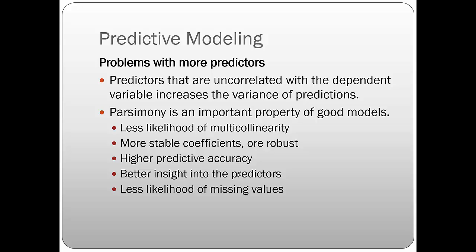Now, parsimony is an important property of good models, which means given same predictive ability, you want a model that is less complex, it has less number of variables, because if you have less variables, there is less likelihood of multicollinearity, more stable coefficients, and high predictive accuracy, and then you will have less likelihood of missing values and so on and so forth.